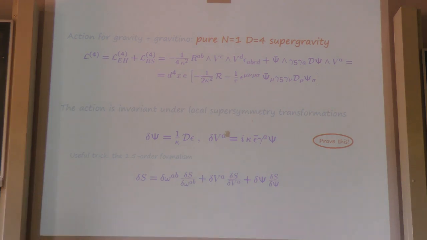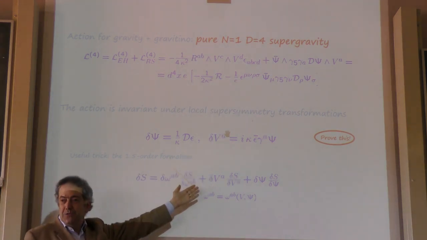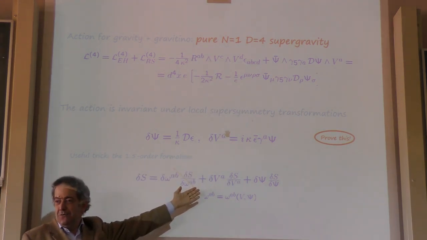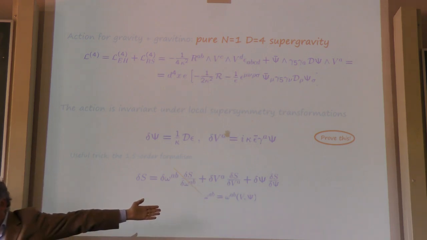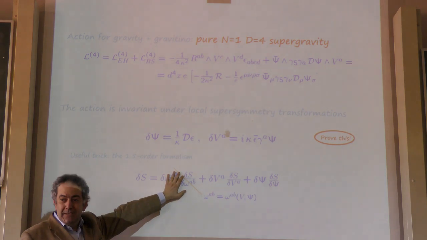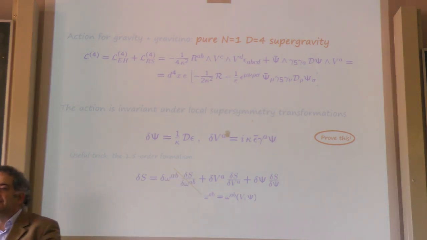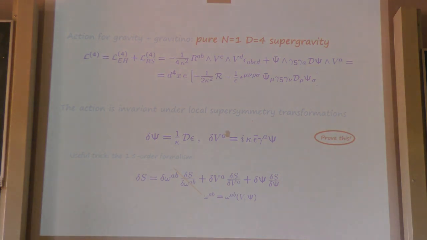If you do that, the first variation cancels, because it is proportional to the variation of the action with respect to omega, which is the equation of motion of omega. You have solved it, so if you plug in the solution to the equation of motion, this is zero. You don't have to bother about devising a supersymmetry transformation for the connection.